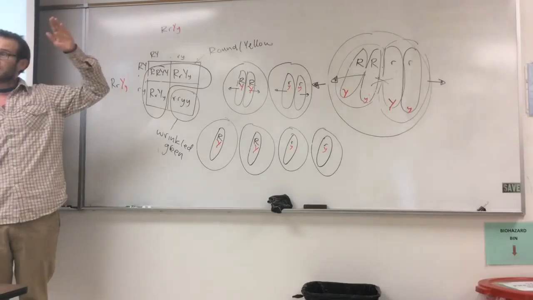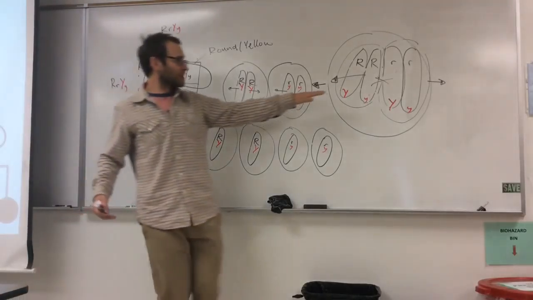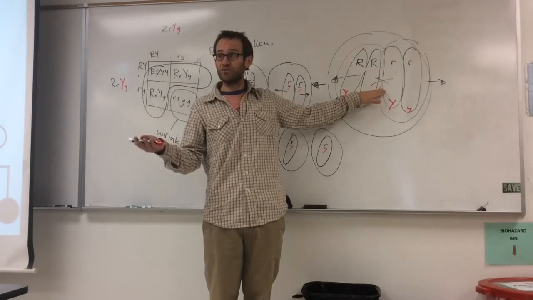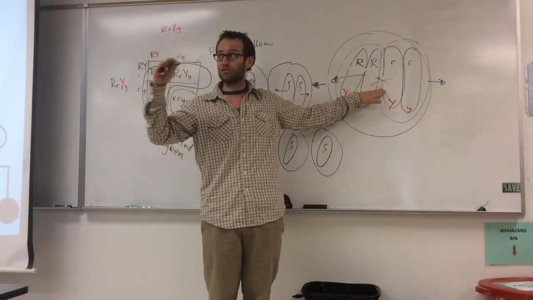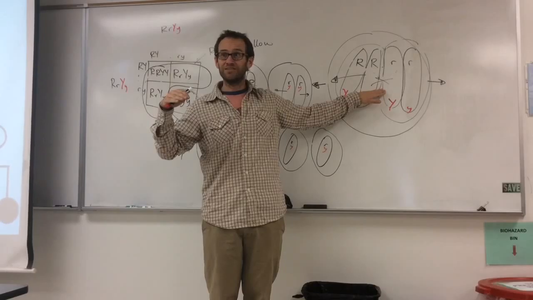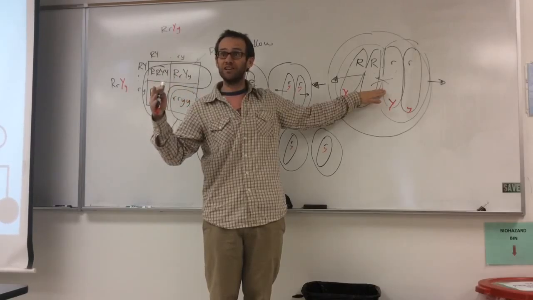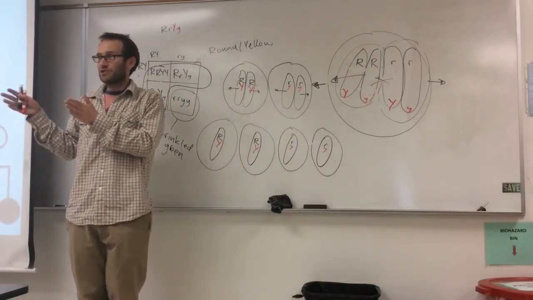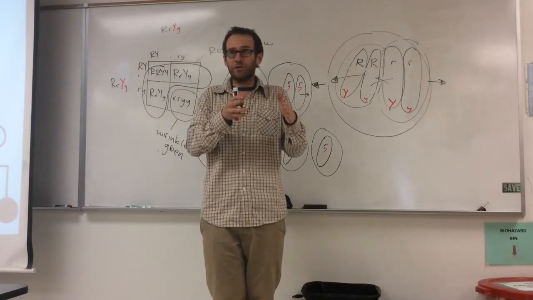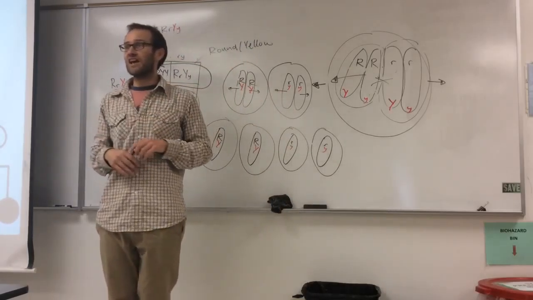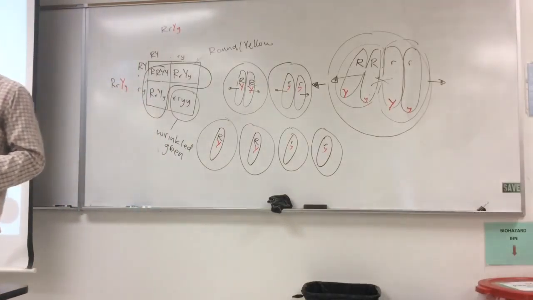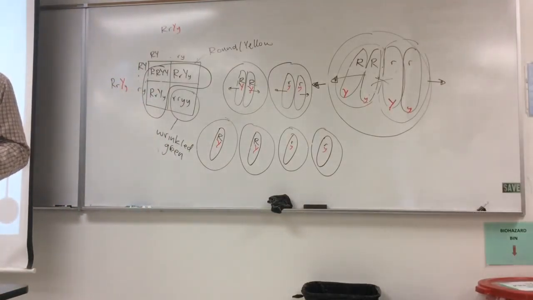When you get a certain distance apart, the odds that a recombination happens between them is so high that you'll recover essentially a 9-to-3-to-3-to-1 ratio of offspring of all the possible types. And if it's somewhere in between, you'll encounter mostly the dominant types for both traits or the recessive types for both traits, and a few individuals that have mixed traits. And those individuals represent the products of a single recombination event.